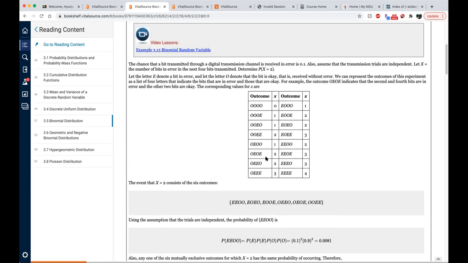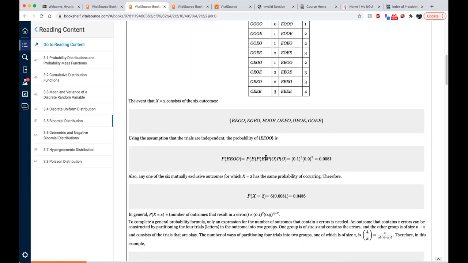This is nothing but the number of ways to choose two bit transmissions out of 4 without considering the order.